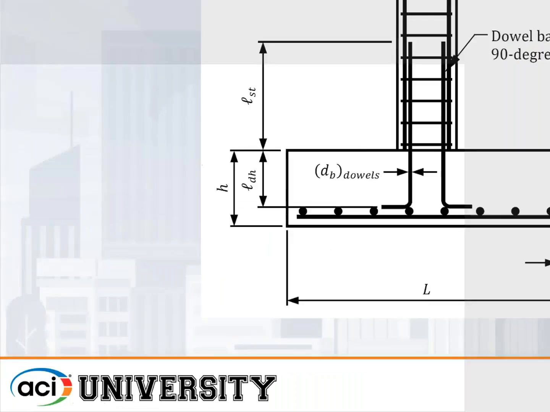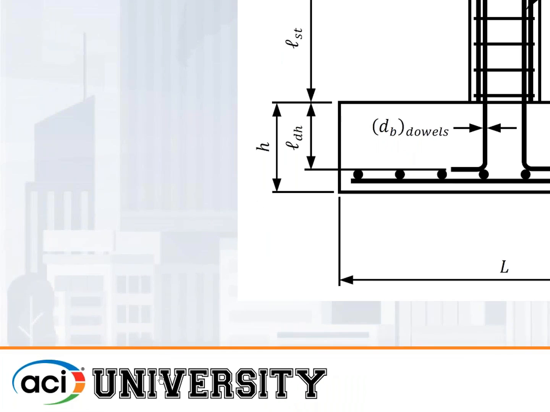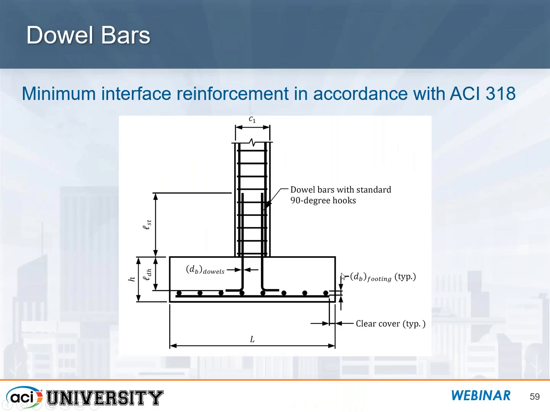I was going to try to draw a line to illustrate this, but it's not working out as I was hoping. What the code states is that if you have a hooked bar and that bar is in compression, you cannot go all the way down to the bottom of the hook and count that as part of the development length. Instead, as you know, there's a radius for this bend.